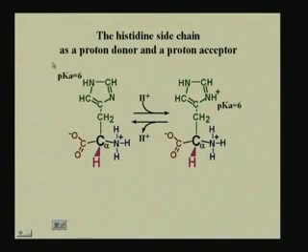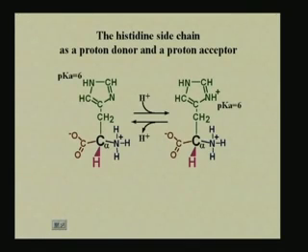Okay, so let us get back to our understanding of the proton donor and proton acceptor capabilities of the histidine side chain. The pKa of 6 means that there is an equilibrium at a certain pH where it can either accept the proton or donate the proton.